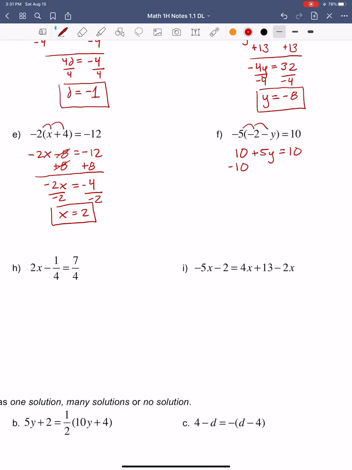Trying to get y by itself. So I'm going to subtract 10 from both sides. And I get 5y equals 0, which is fine, right? 0 is just a number. And I'm going to go ahead and divide by 5. And I get y equals 0 divided by 5. Well, 0 divided by anything is still just 0.